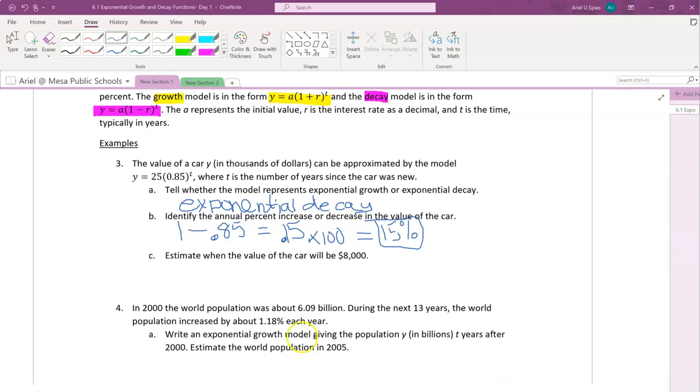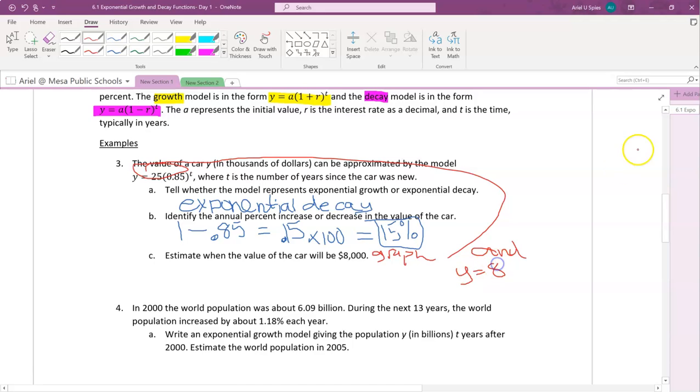Okay. And then it wants me to estimate when the car value will be $8,000. So what I want to do is graph. I wanted to change the color. I want to graph my equation and y equals 8, because the model was for 8,000.